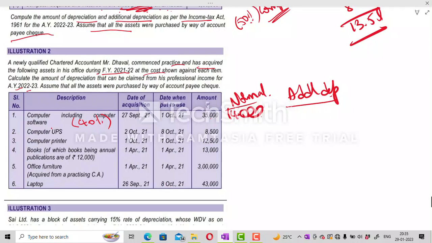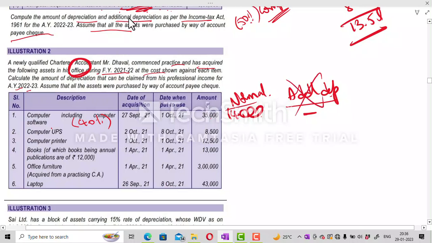Additional depreciation we will not calculate because it is for office premises. Actually, we should not calculate additional depreciation here, because he told everything is for office purpose. For office premises we need not calculate additional depreciation. This is not correct.